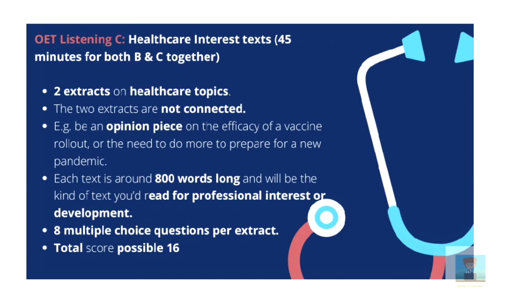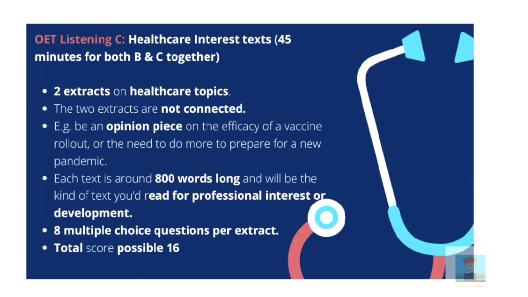They could, for example, be an opinion piece on the efficacy of a vaccine rollout, or the need to do more to prepare for a new pandemic. Each text is around 800 words long, and as I said, it's a kind of text that you would read for professional interest or development. There are 8 multiple choice questions per extract, and there's a total possible score of 16.